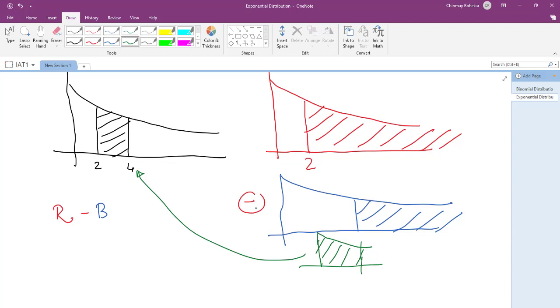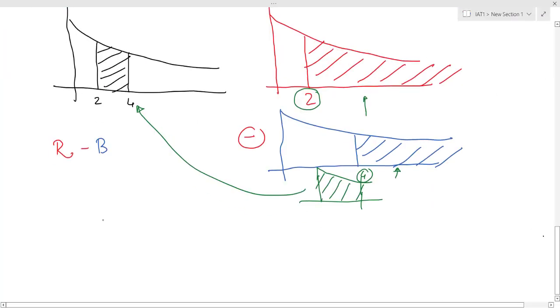So to find this area, we have to find the area after 2 minutes, find the area after 4 minutes, and subtract the 4-minute area from the 2-minute area. Then we will get the area between 2 and 4 minutes. That is the probability of the car being manufactured between 2 and 4 minutes.